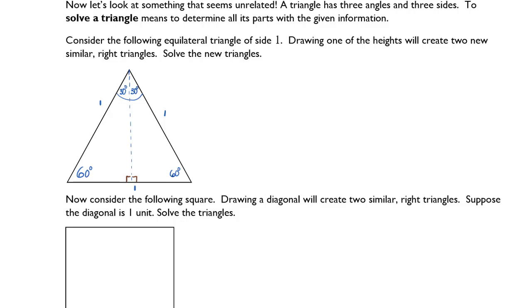If I wanted to figure out what one side of this triangle would be, and I'll go ahead and highlight it. Let's say I wanted to figure out what this height would be of one of these right triangles.